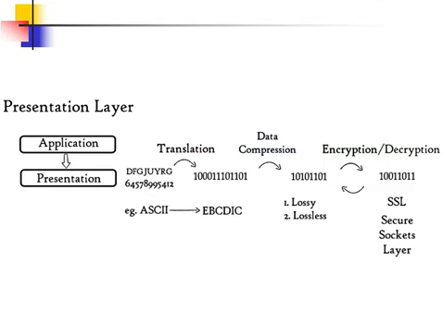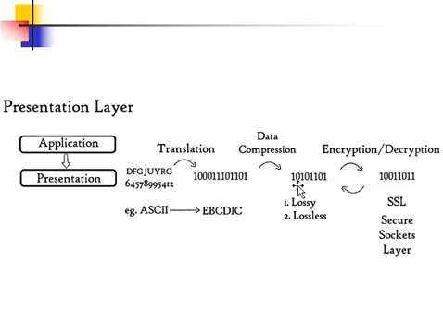So this layer can translate these ASCII codes into EBCDIC code, that is, translation of the code into binary numbers. After this translation, we need to compress the data in order to send the information in a fast way. So for that purpose we apply the data compression function to the data received from the application layer.